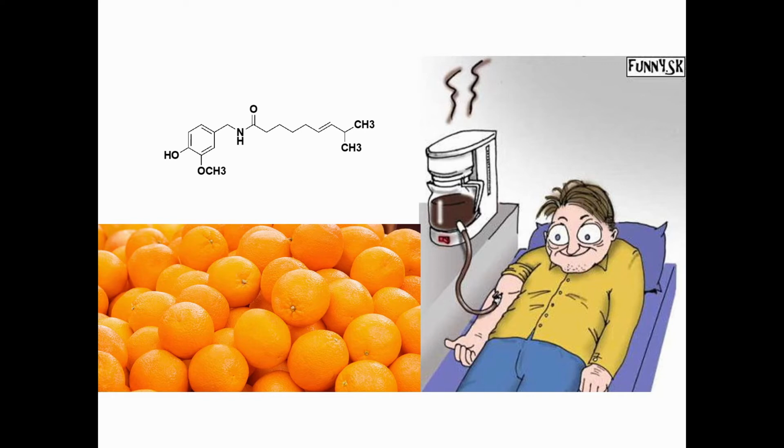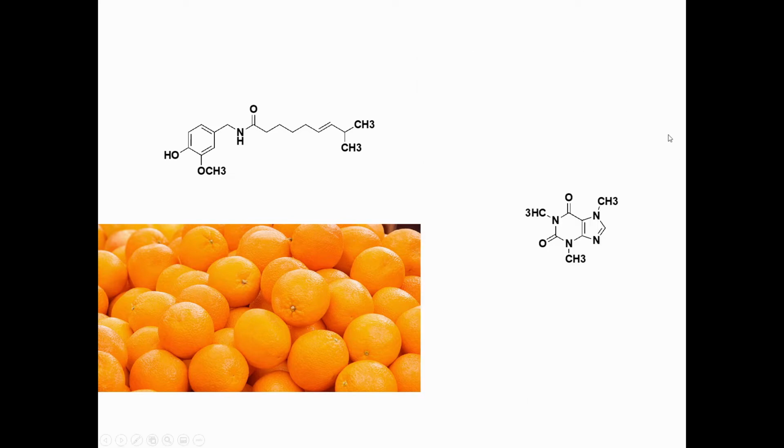Another common molecule, especially one you might be familiar with as you stay up late studying, is the active component in coffee. Here's the structure of the active component of coffee, which is caffeine. This model illustrates, for example, an oxygen bonded to a carbon.